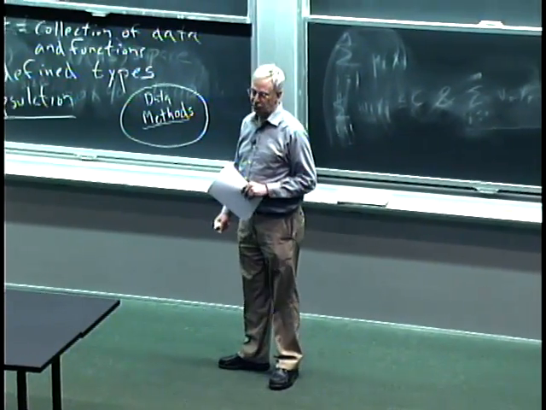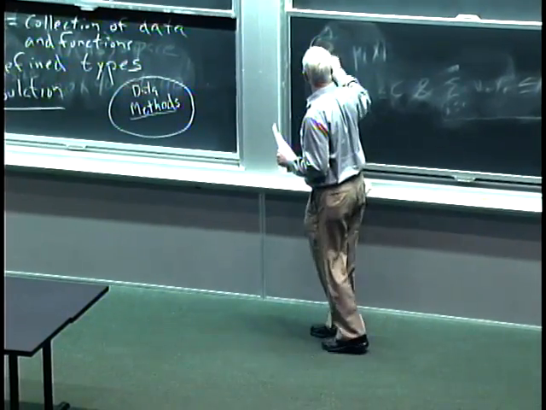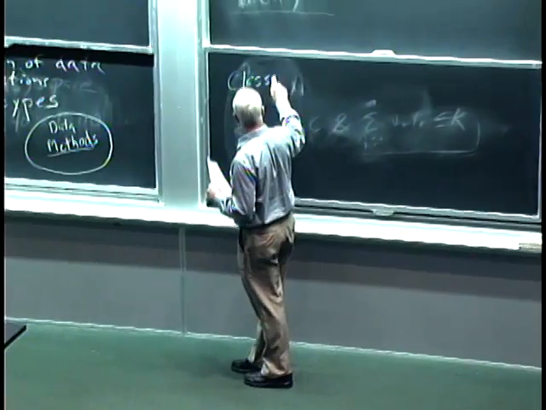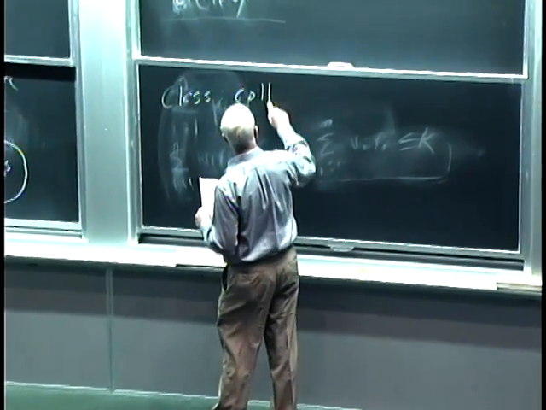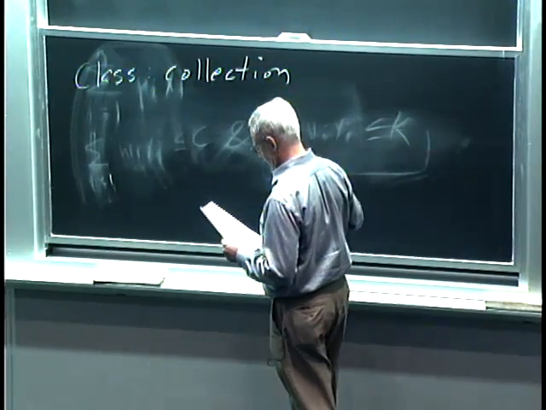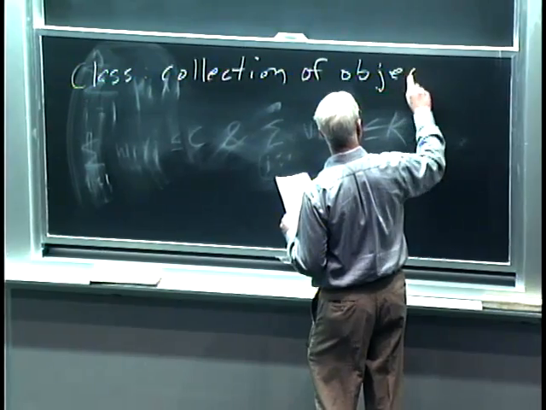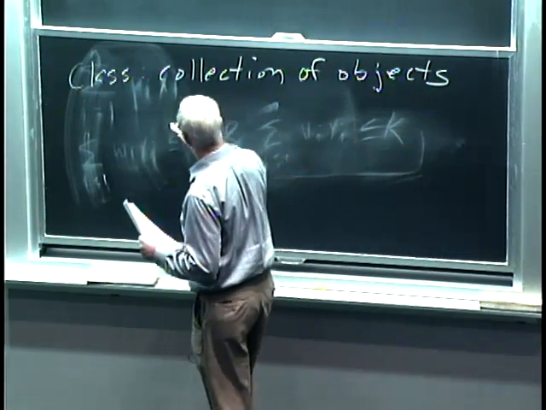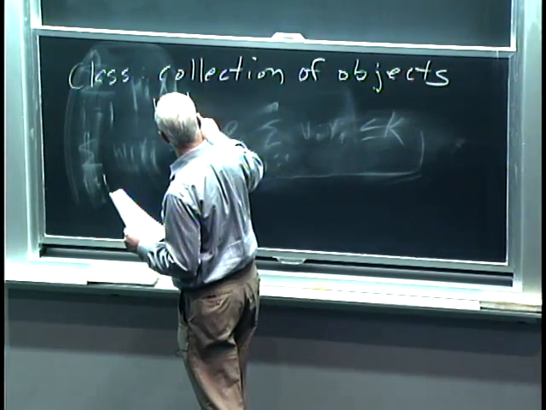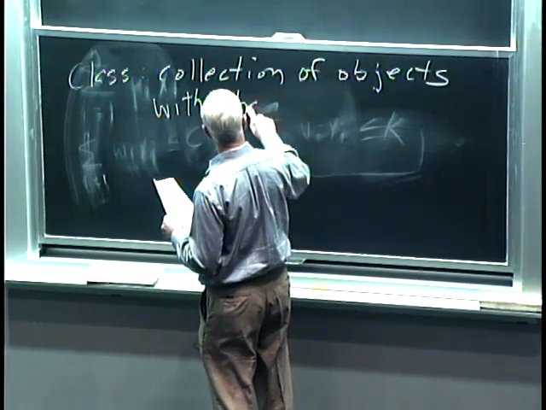So now that gets us to a class. A class is a collection of objects with characteristics in common.